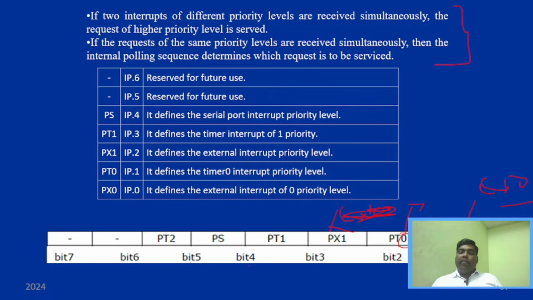Then definitely this one will be given priority because it will go for the polling method, that is, the first bit will be given the higher priority based upon the bit position. Hope you understand what an interrupt is and how the priority is given.